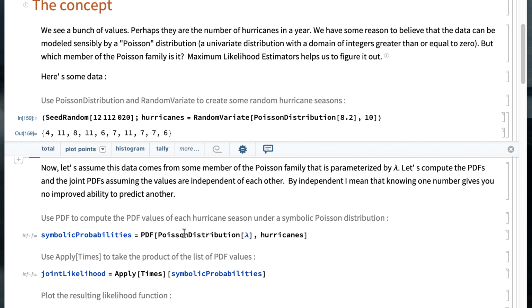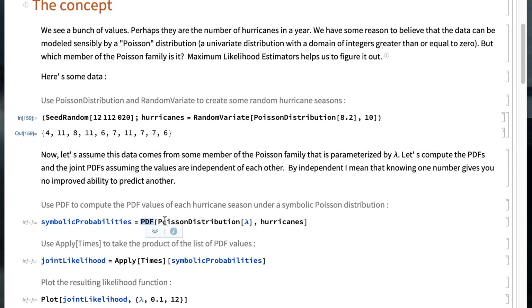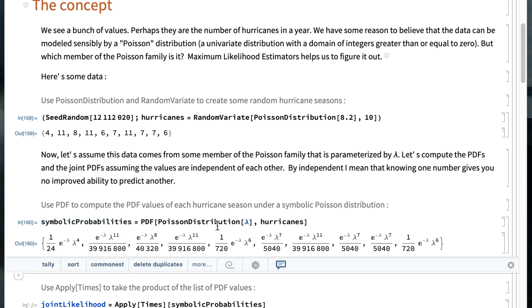So we're going to take advantage of the listability of the PDF function here. We don't have to do map. We can just basically stick all the hurricane values in here, and it automatically maps. We'll assign the results to a variable called symbolic probabilities. So there we go. It's a bunch of things with e's and lambdas and powers.